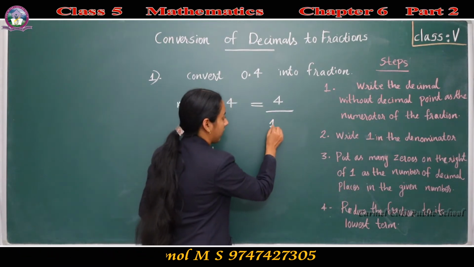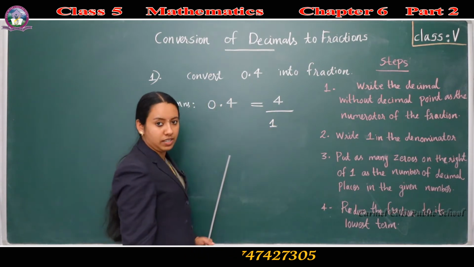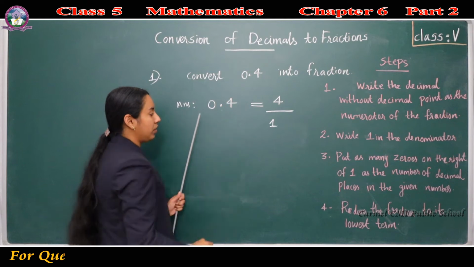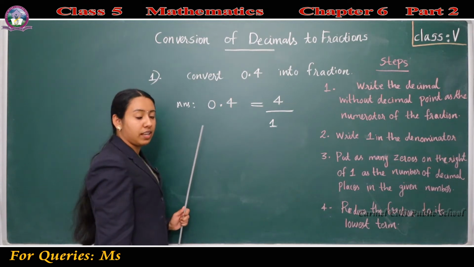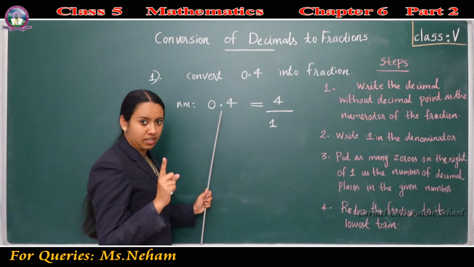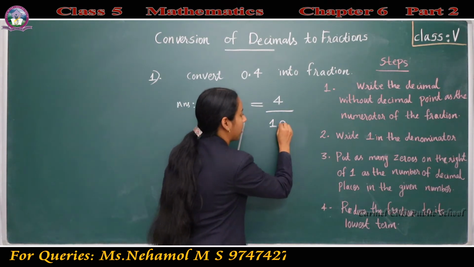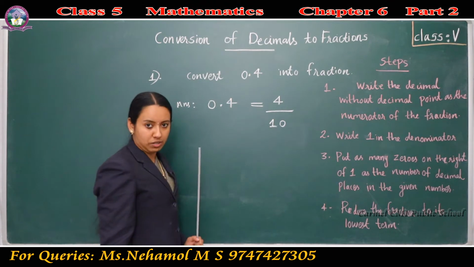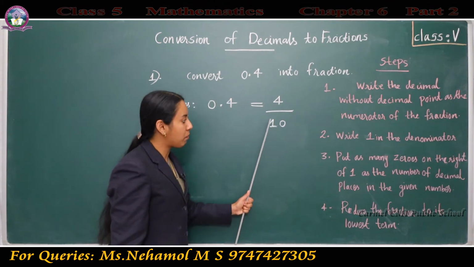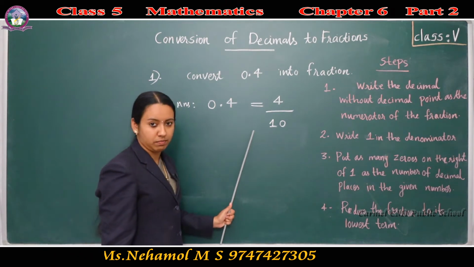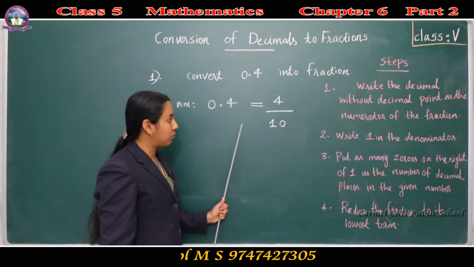Then after this decimal point, how many decimal places are there? Only 1 decimal place. So we have to put only one 0 in the denominator. So 4 by 10 is the corresponding fraction. Is it clear?